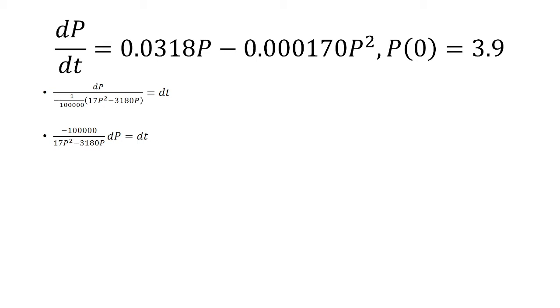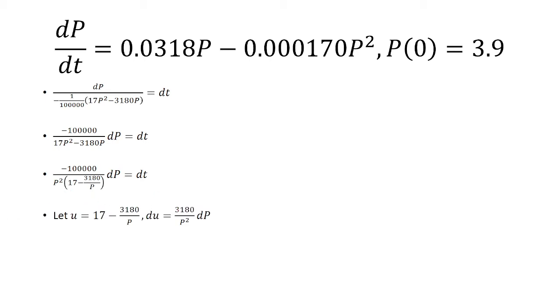Now at this point, we can do a couple things. We can either complete the square by factoring out a 17, but truthfully that's going to be quite a bit of work, so why don't we factor out a p squared instead. So whatever's inside the parentheses now is 17 minus 3180 over p, and so we're going to let u equal whatever's inside the parentheses.